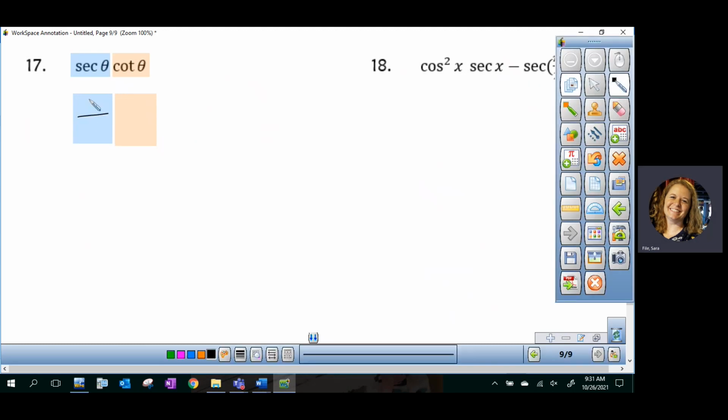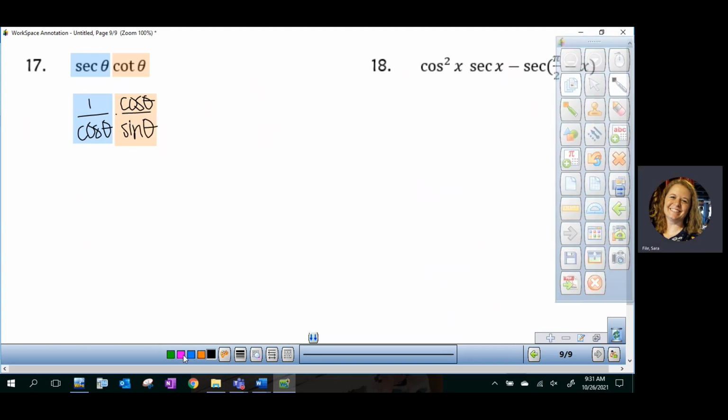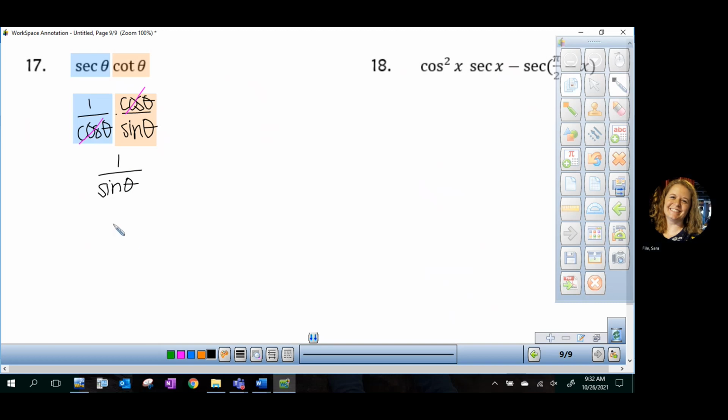So secant is 1 over cosine, and cotangent is cosine over sine. What happens there algebraically? The cosines reduce. Good. So I'm left with 1 over sine, but I don't want my answers as fractions or with denominators. So what can I change that to? Cosecant. That's a reciprocal identity.